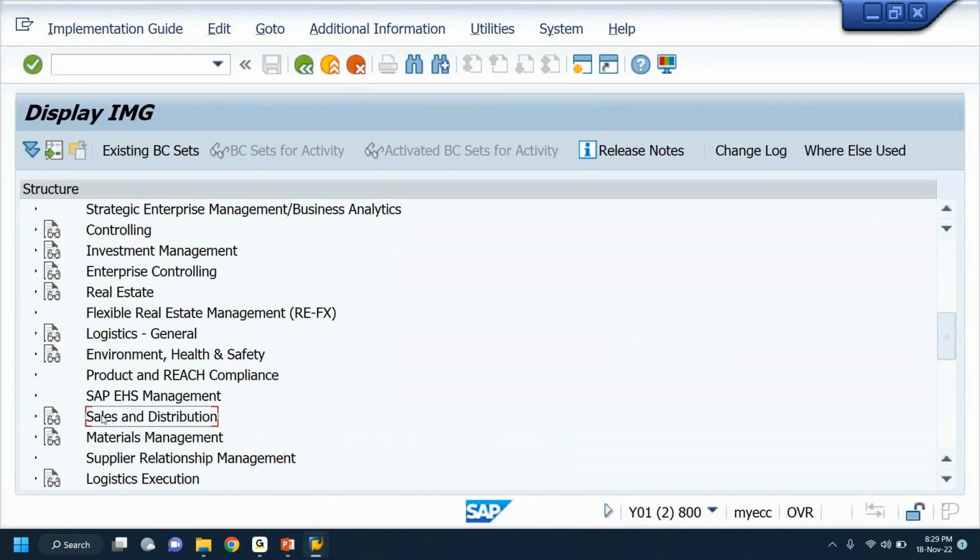Sales and distribution revolves around pre-sale, sales, shipping, billing. MM revolves around purchasing, inventory, invoice verification, MRP. MM is more integrated with PP, SD is more integrated with MM.